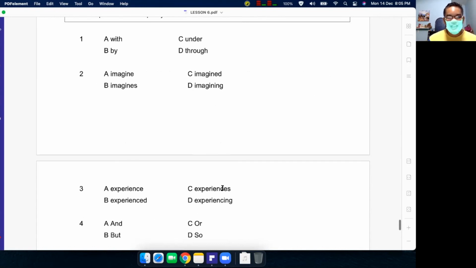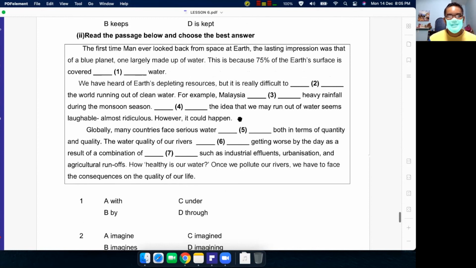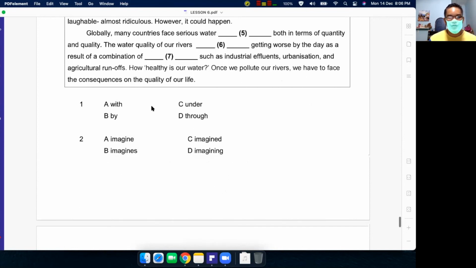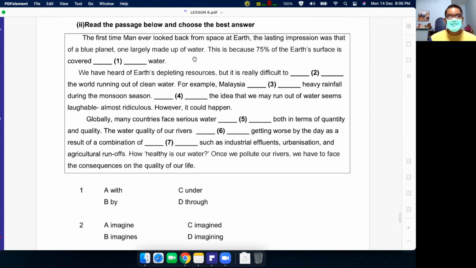So Malaysia experiences. For example, Malaysia experiences heavy rainfall during the monsoon season. So the idea that we may run out of water seems laughable, almost ridiculous.